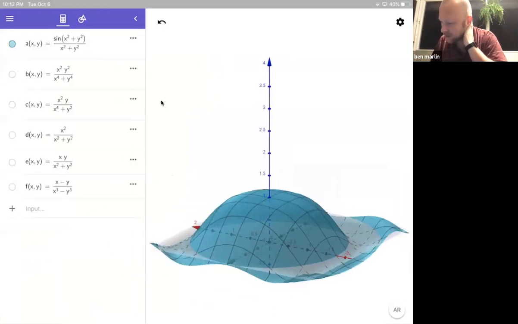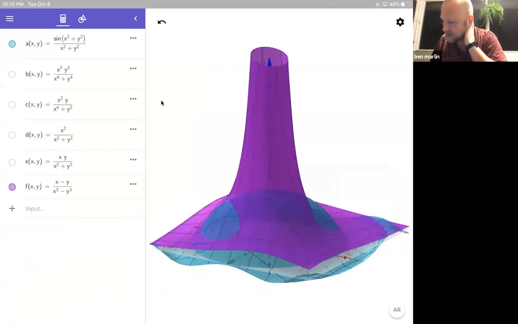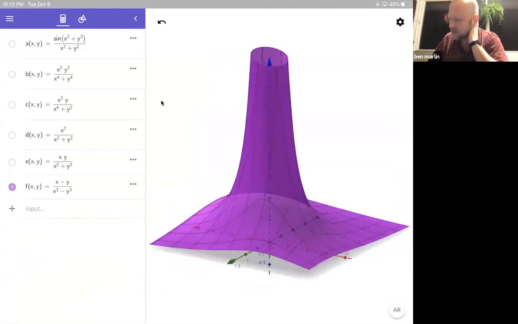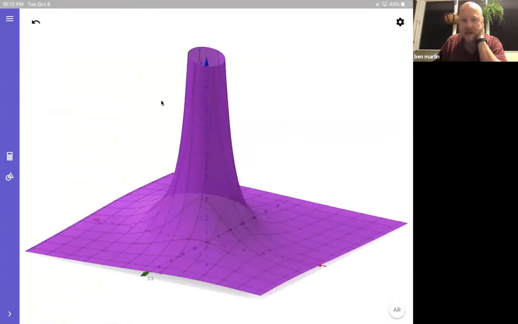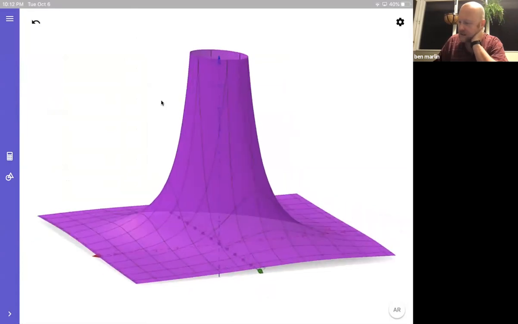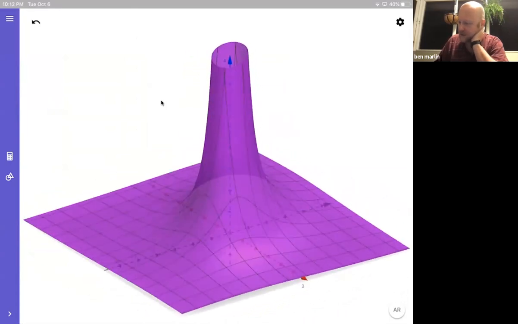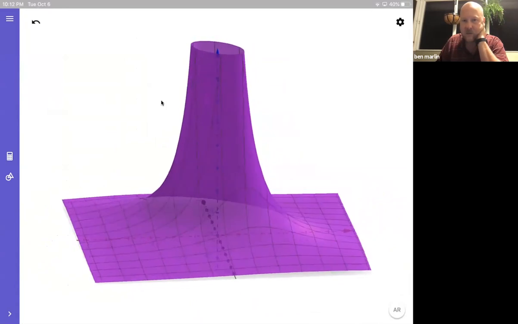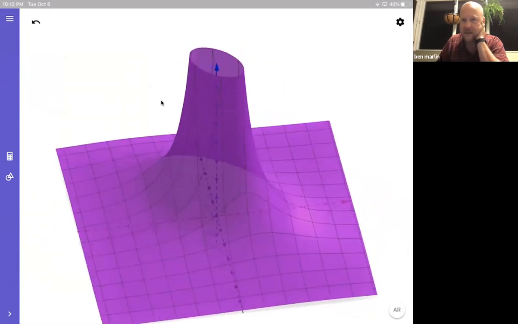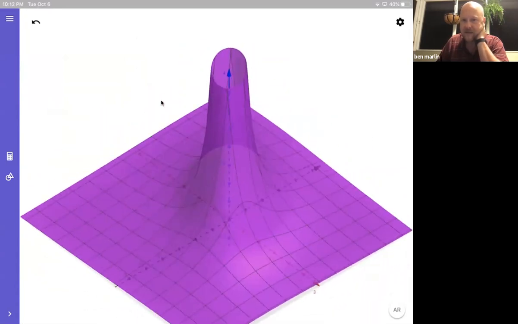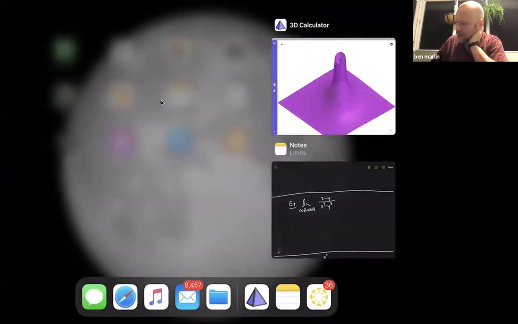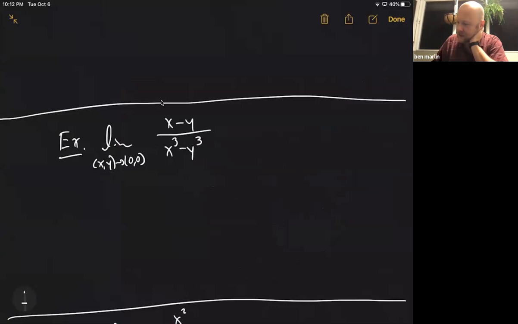There it is. All right, as soon as you see that, you can spot that whatever is going on, it is rocketing off to infinity close to the origin.